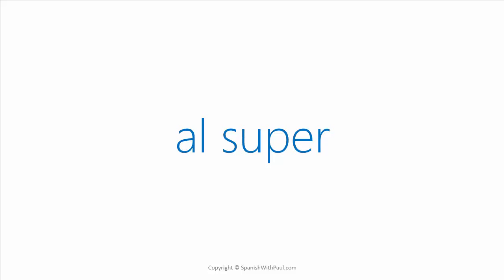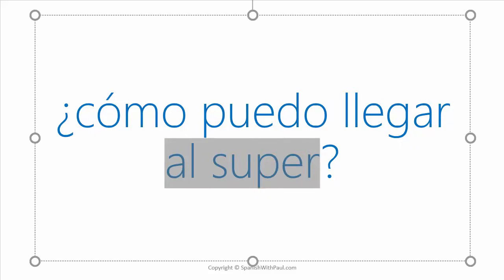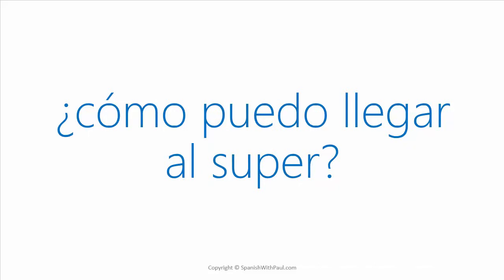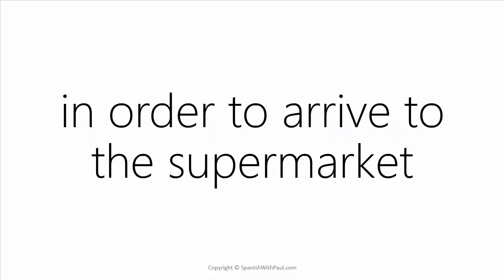So again, you could say, ¿Cómo puedo llegar al super? How can I arrive to the supermarket? But again, using para, it would simply become para llegar al super. Literally, in order to arrive to the supermarket, open-ended question.